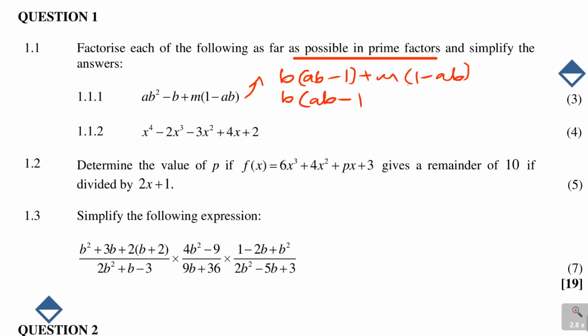Now you just interchange the sign. From positive m it is going to be negative m, so when you do that, it will be minus 1 plus ab. But you can write it with ab at the start to save time, so it will be ab minus 1. Are you getting that? So here you have the similarity. You have ab minus 1 and you have b minus m.